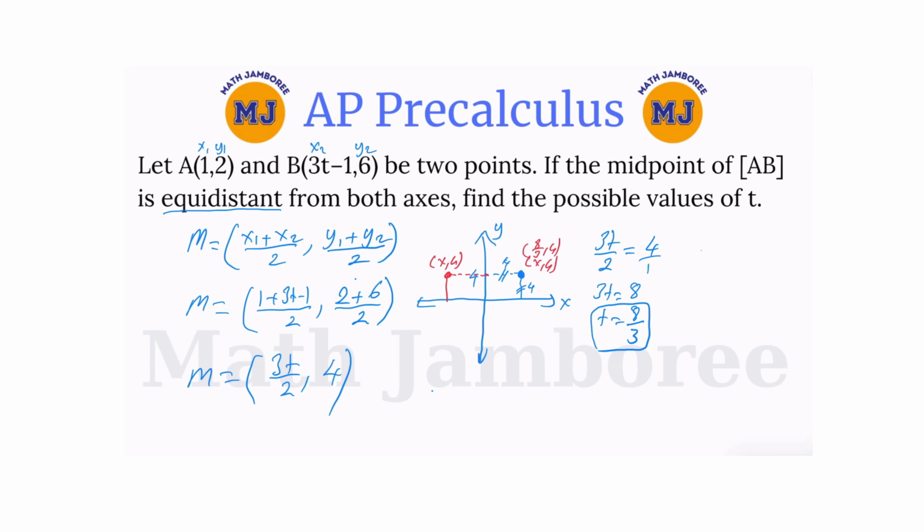So to solve that, you're going to say negative 3t over 2 is equal to 4, and we will cross multiply it. 3t will be equal to 8, and this time we'll divide both sides by negative 3, and t will be equal to negative 8 over 3. So the possible values for t are 8 over 3 and negative 8 over 3.